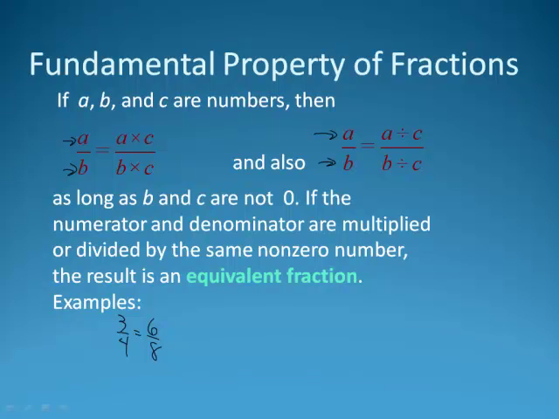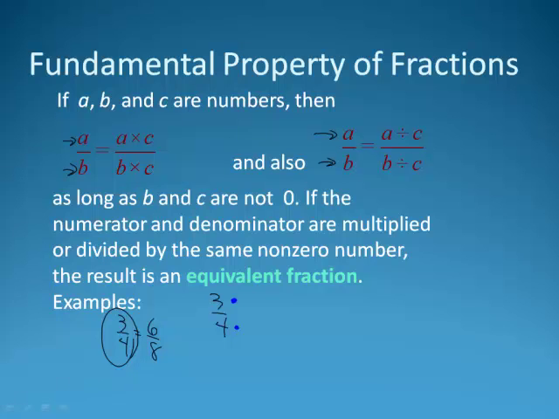And the answer is you can either use multiplication or division, because the fundamental property of fractions for equivalent fractions says you can take a smaller fraction and multiply it, top and bottom, by the same number and get an equivalent fraction back out as long as you multiply or divide by the same number.